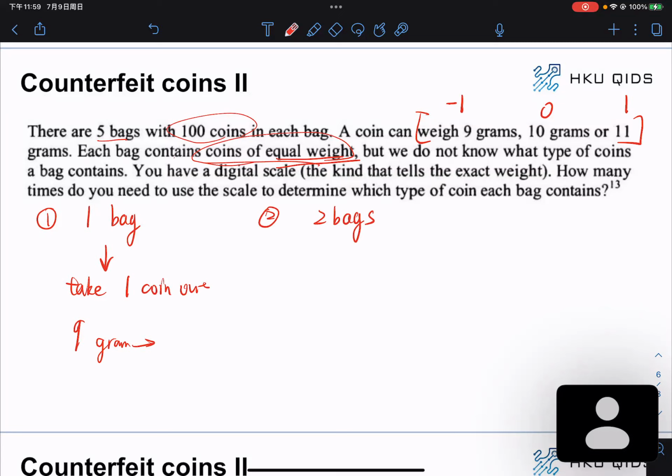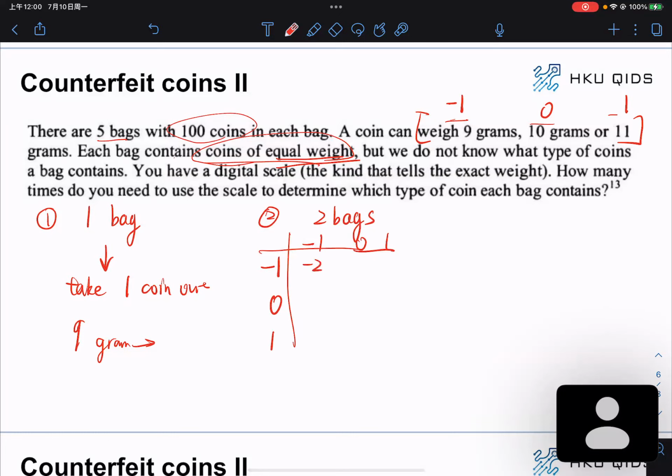For 2 bags, there are actually more combinations. If we use this notion here, the first one can be -1, 0, 1, and the second one can also be -1, 0, 1, combined.